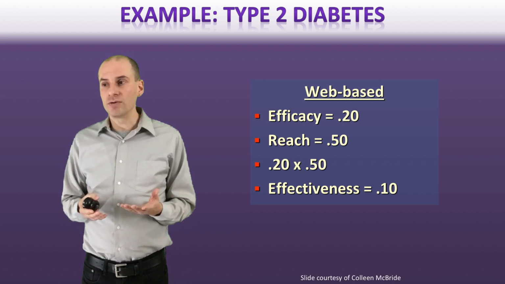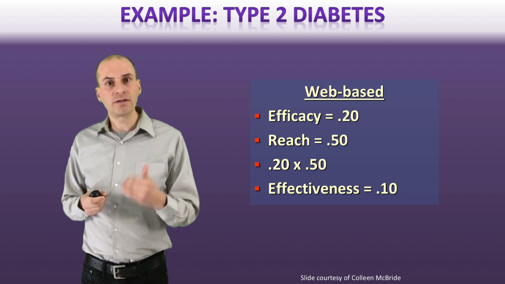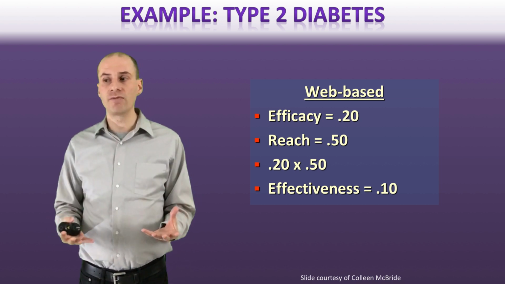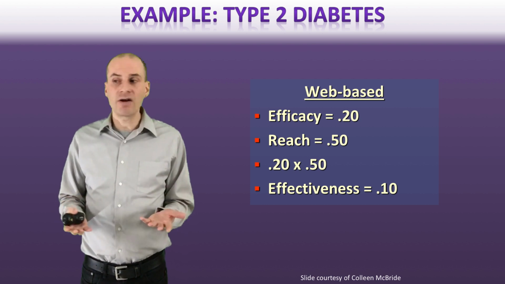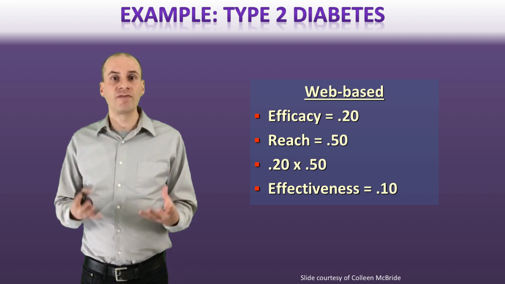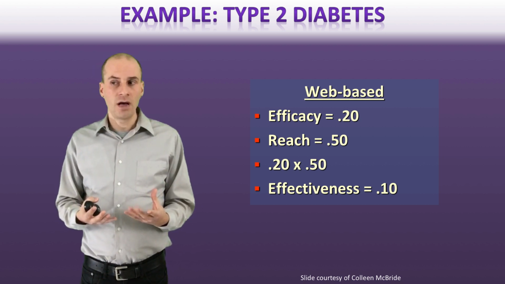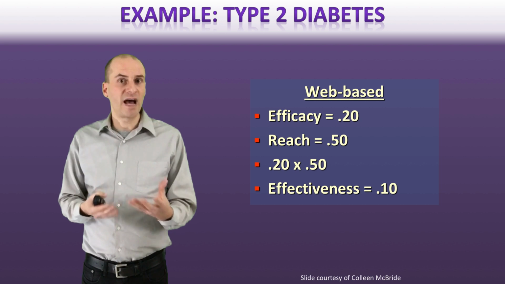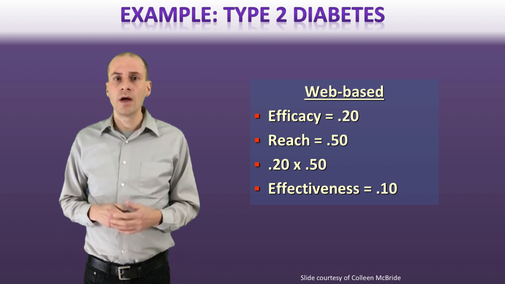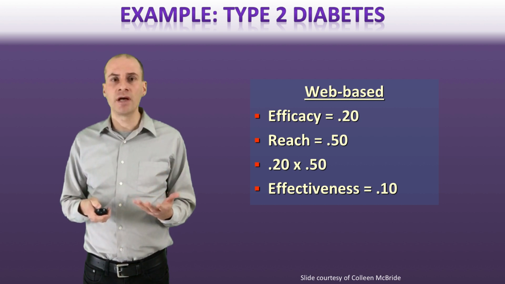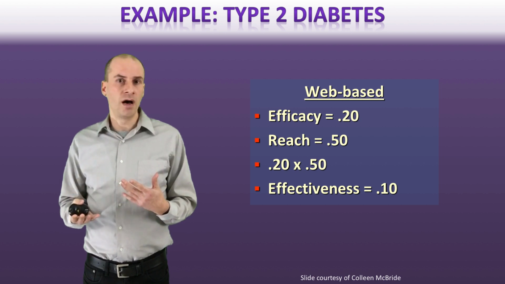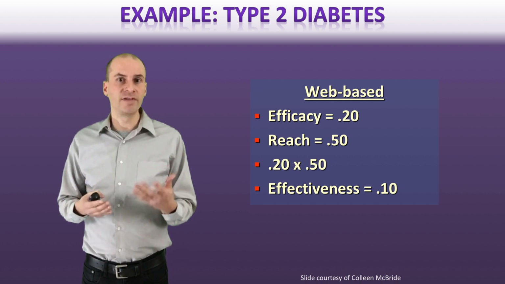Well, if you multiply that out, even though you have a relatively low efficacy, when you think about the larger population that it reaches, it actually turns out to have a higher effectiveness than the really intensive group program, which is sort of an ideal circumstance, but turns out to actually be less effective overall in a real world setting. All right, so this is just some information to help you understand the relationship between efficacy, effectiveness, and reach.